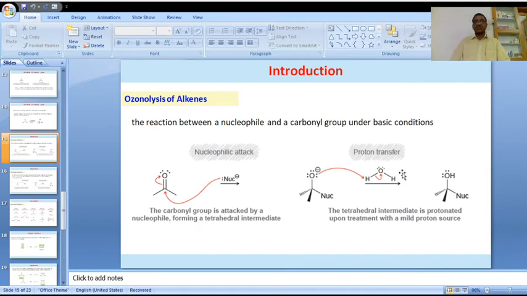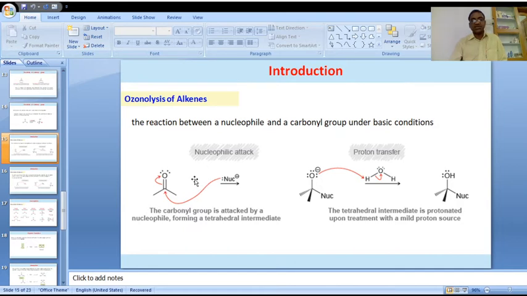Here, the reaction is between a nucleophile and a carbonyl group under basic conditions. The carbonyl reacts with the nucleophile in the presence of water under basic conditions. How the reaction proceeds and forms alcohols, we'll discuss clearly with a clear cut mechanism.